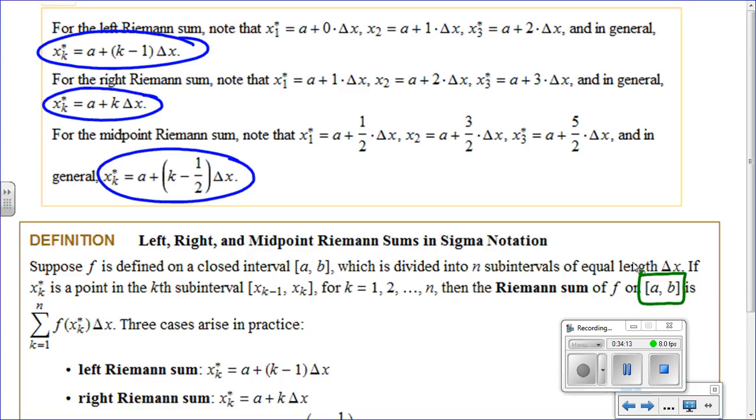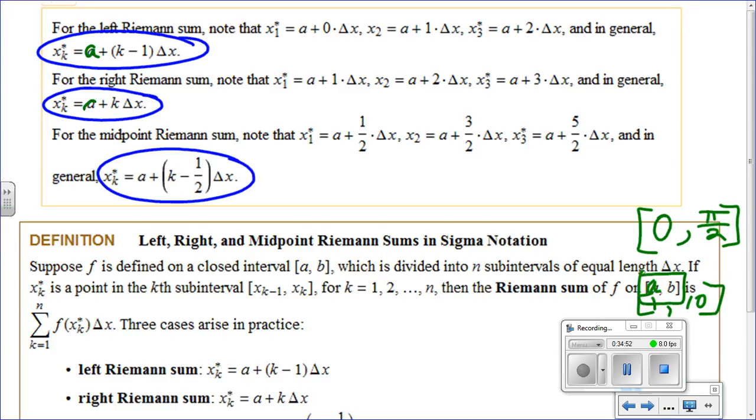Like the previous problem that we did, from 0 to pi over 2, that was the interval. Sometimes that a value will be 0, most of the time maybe, but not all the time. A could be a 1, like from 1 to 10, or a could even be a negative number, because we're just talking about x values. It's like you're just taking a little chunk of your graph and looking at what's under it. So that's why we're using a here.